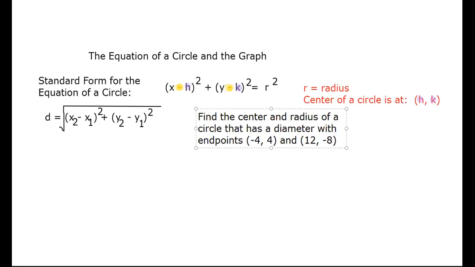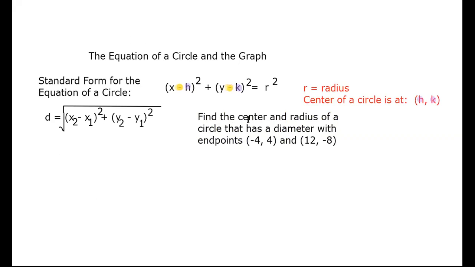So we have a diameter that goes from -4, 4 to 12, -8. We're also going to have to throw in, with this one, the formula for the midpoint of a segment. We have not covered this in geometry yet. It has been since Algebra 1 that you covered this.